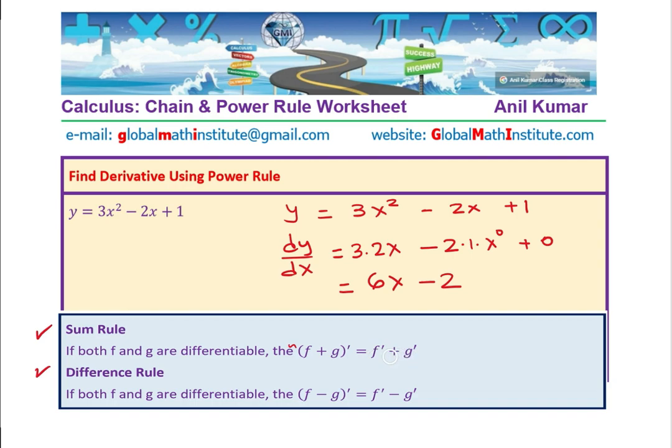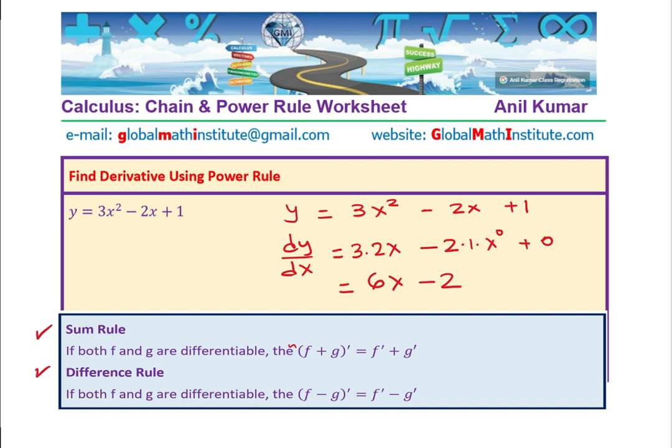You get the idea, right? So f plus g derivative equals derivative of f plus derivative of g. Now if it is a difference, even then it works, right? So we have done a constant multiple, sum and difference in this particular example. Is this step clear to you, right?